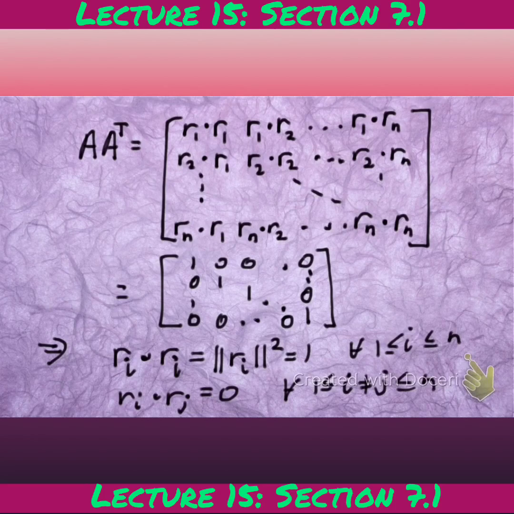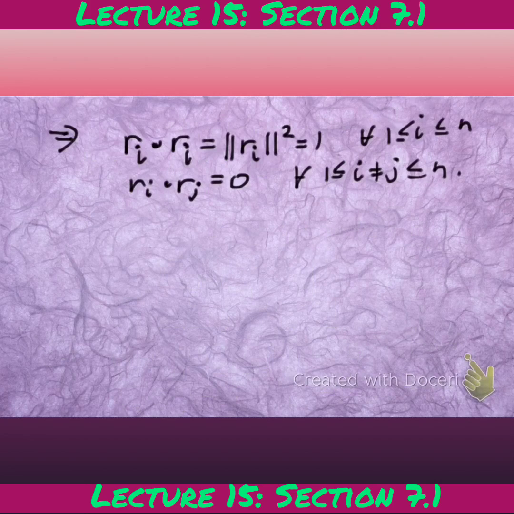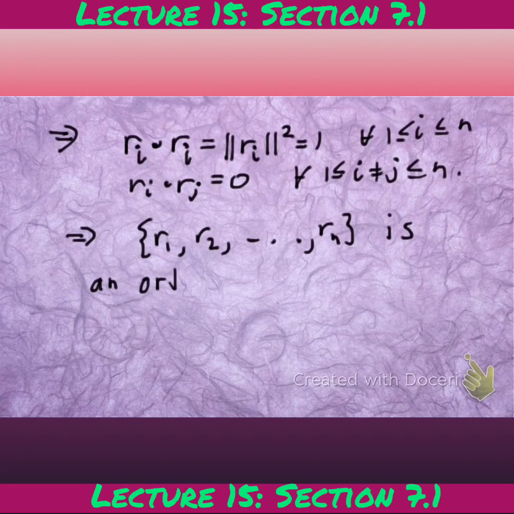So this means that these row vectors are first of all pairwise orthogonal, and they all have norm 1, so therefore it's an orthonormal set.